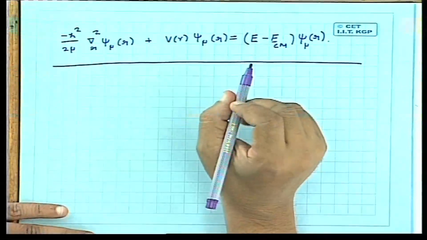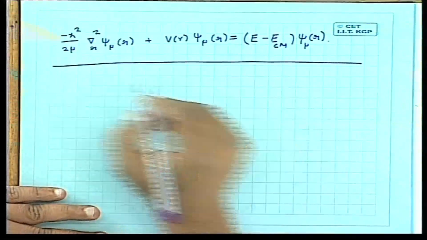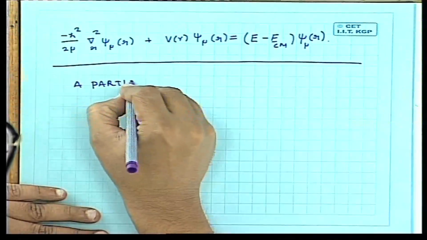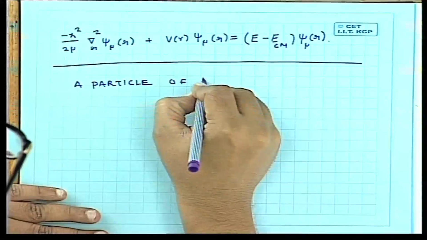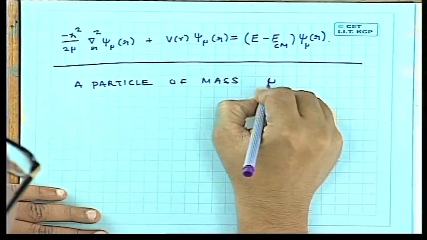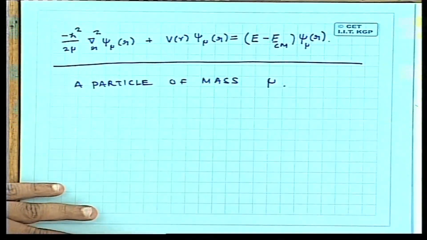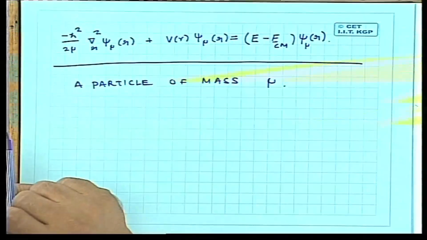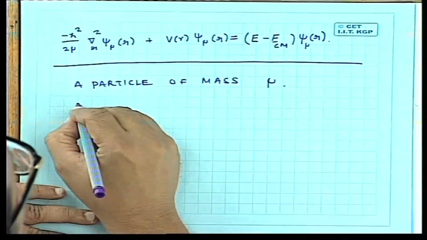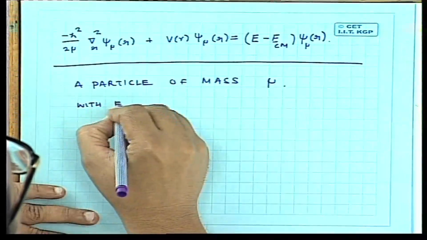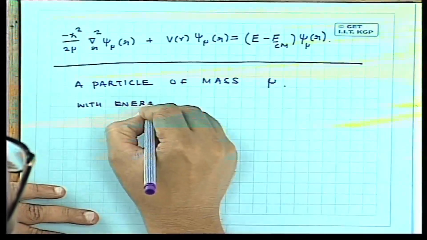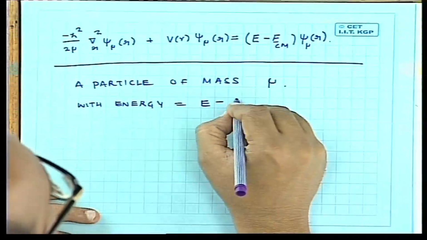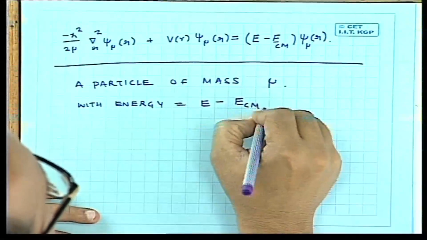The other one body problem corresponds to a particle of mass mu moving in the same Coulomb potential with energy which is equal to the total energy minus the kinetic energy of the center of mass.